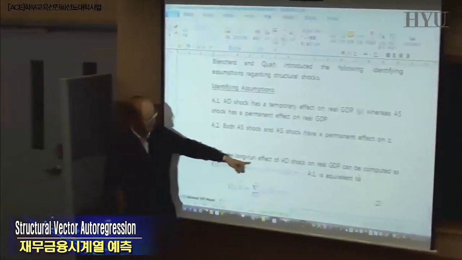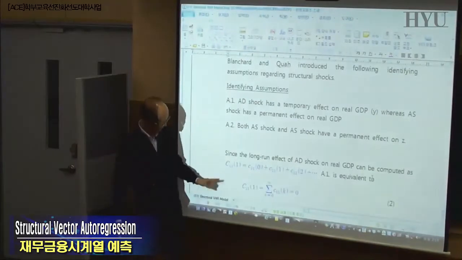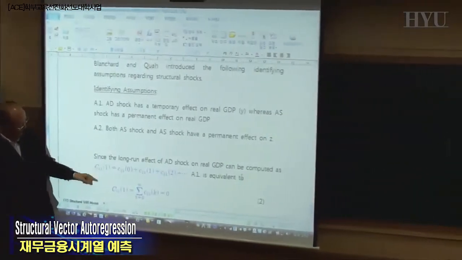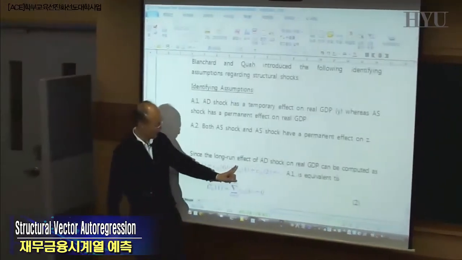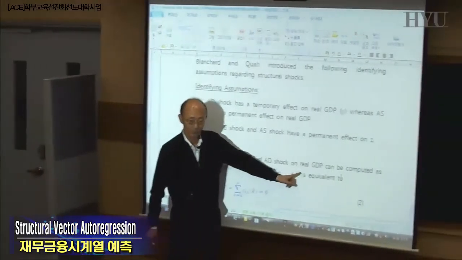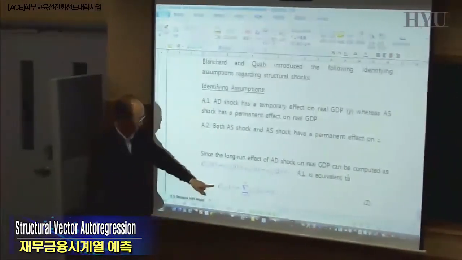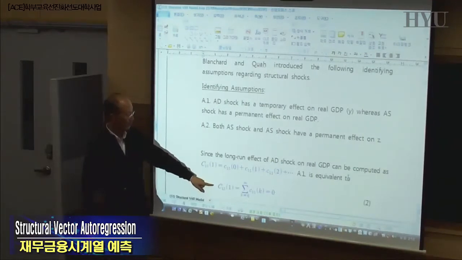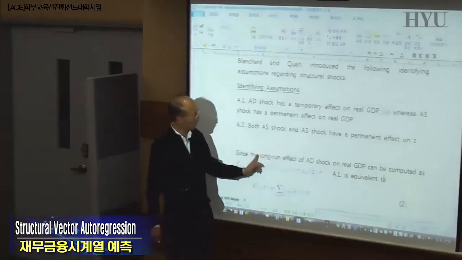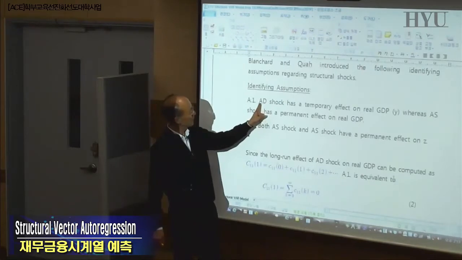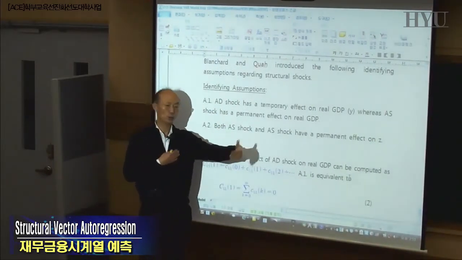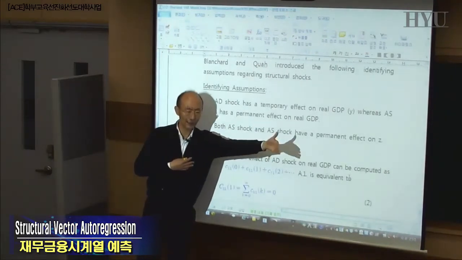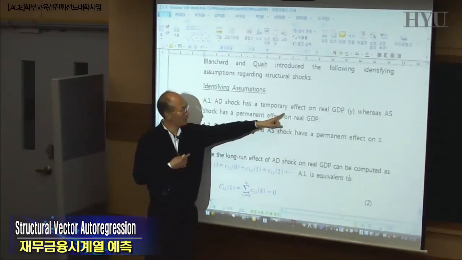Since the long-run effect of AD shocks on real GDP is computed by replacing lag operator L by 1, we're effectively adding all those coefficients, right? All those coefficients. In the long run, because we assume that AD shock affects real GDP in the short term, but in the long run, we assume that it dissipates.